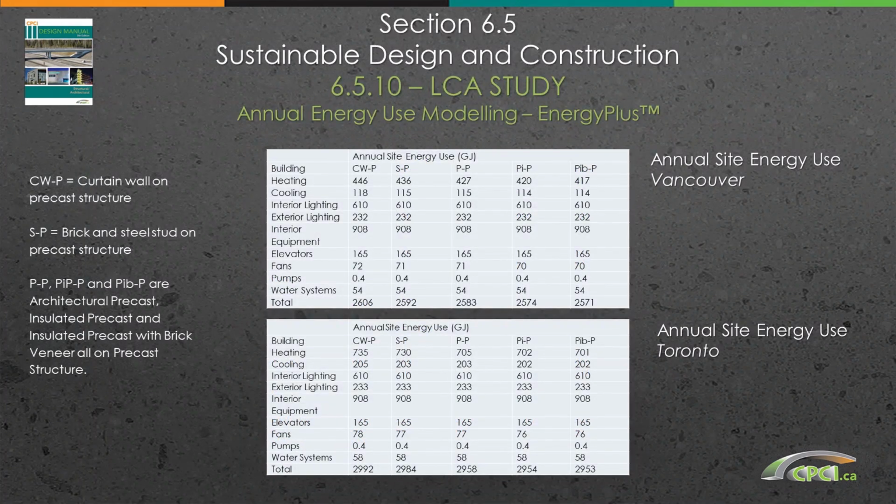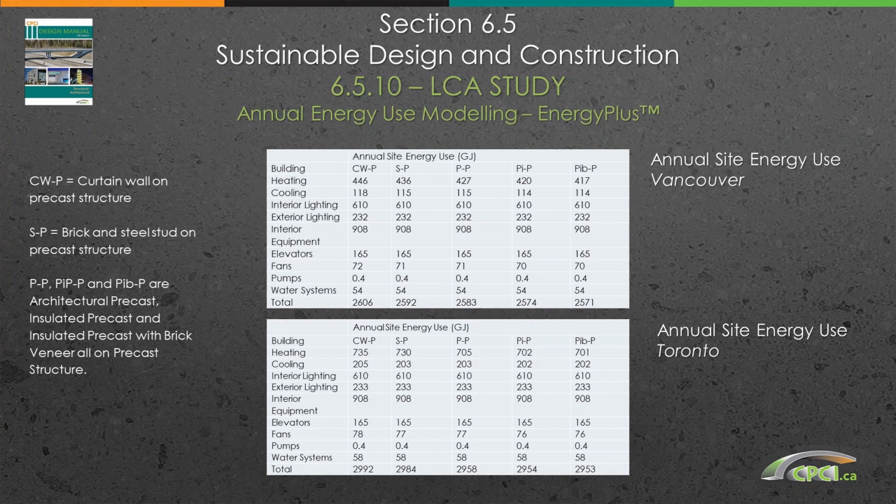The buildings were modeled with EnergyPlus whole building energy simulation software that was developed by the US Department of Energy. It simulates the complex interactions between climate, internal gains from lights, people and equipment, building form and fabric, HVAC systems, and renewable energy systems.